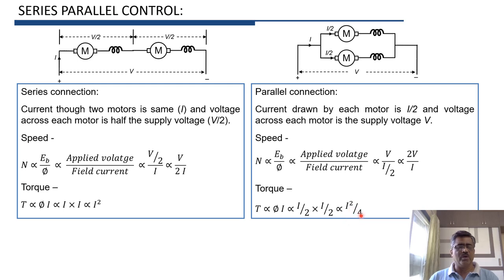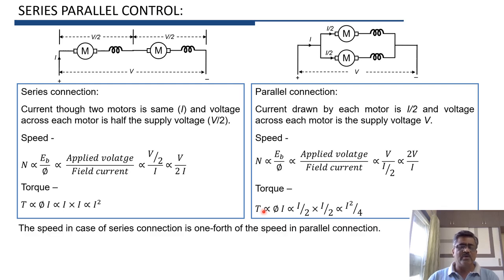So if you compare speed and torque in series and parallel connection, we can see that in case of series connection, speed is less, and it is 4 times less as compared to parallel connection. Whereas in case of series connection, torque is more, and it is 4 times more as compared to torque in parallel connection.